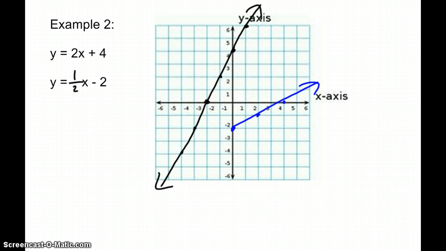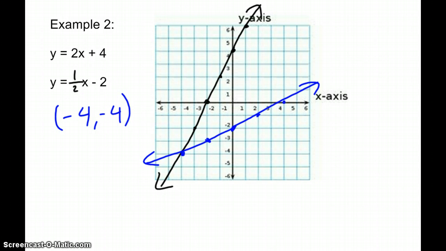Same thing with my blue line. My slope is 1/2. Normally I go up 1, right 2. I can continue that pattern by going down 1, left 2, and my lines actually intersect over in the negatives at the point (-4, -4).